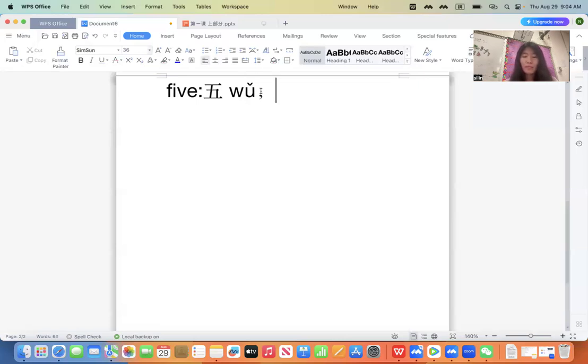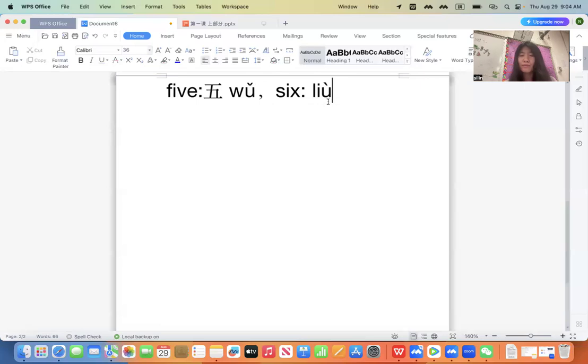Next, number 6. How to say 6 in Chinese? This one is L, and IU is you. So make it together, liu, with the last tone.